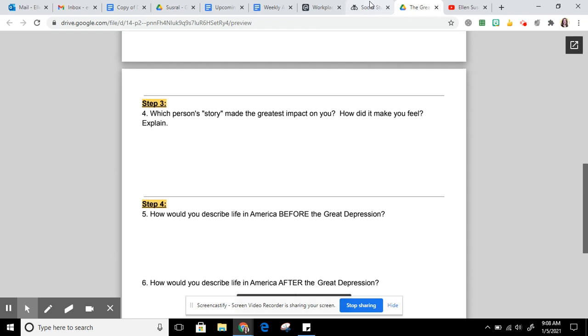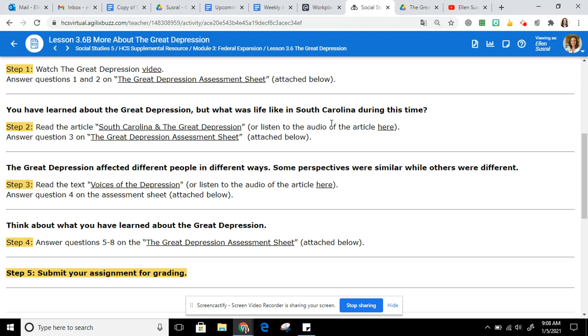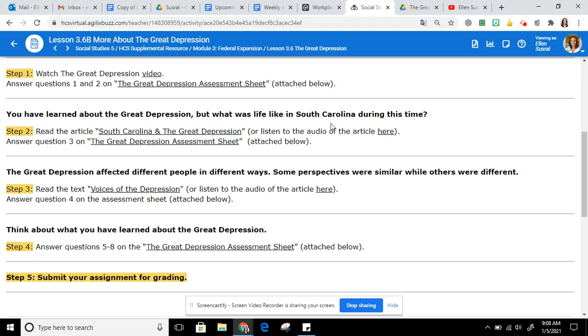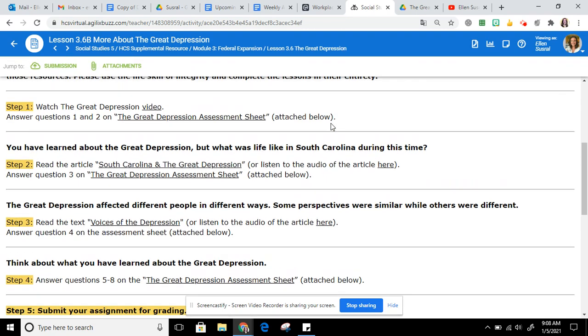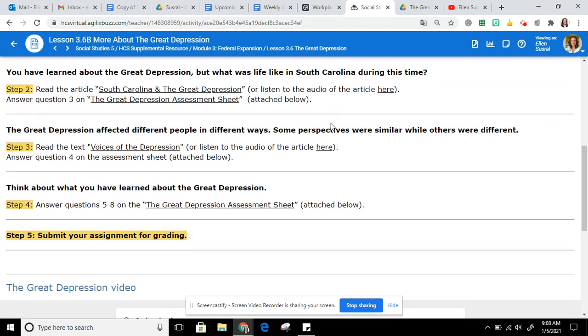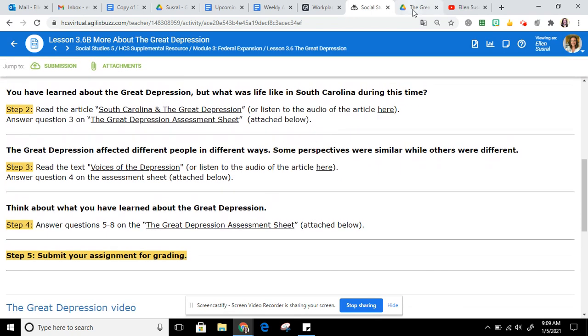Step 4, you're going to think about what you learned about the Great Depression. From the sources that you looked at in step 1, step 2, and step 3, you looked at 3 different sources, and you also looked at a source in lesson 3.6a. You're going to answer questions 5 through 8.